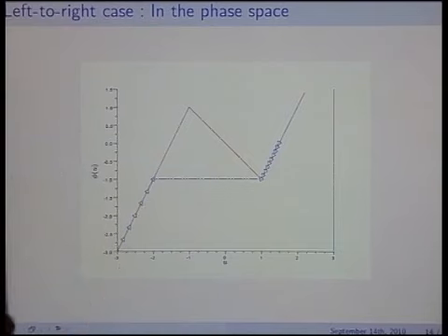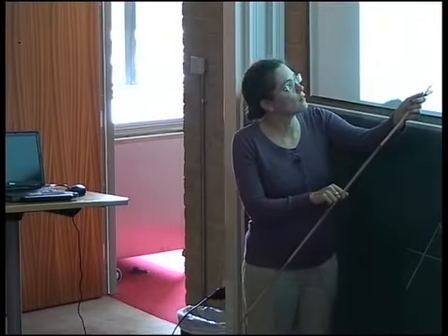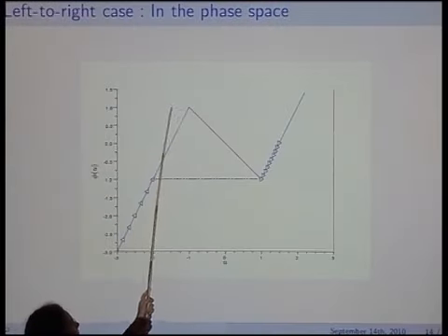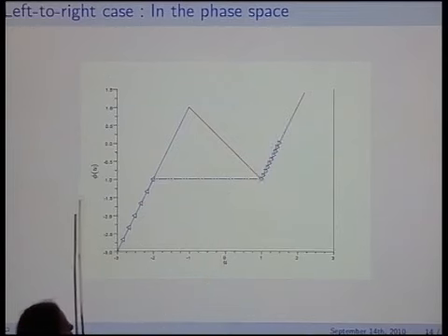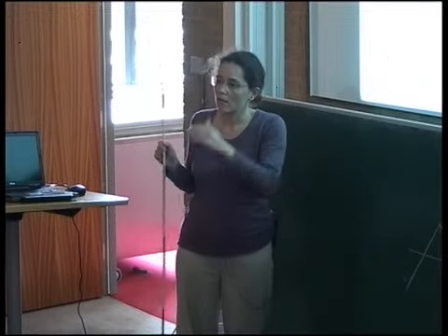Here it's this point C on the left and this point A on the right. Arriving at the border of the admissible phi of u region makes the interface move to the right.